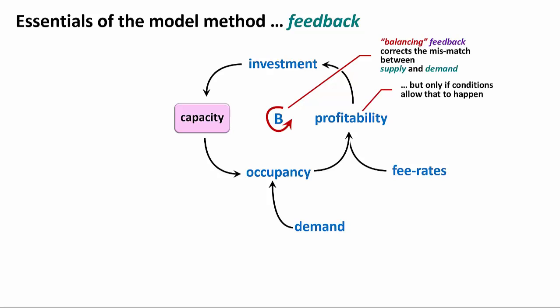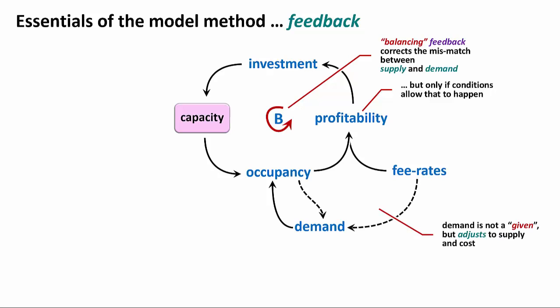But that only happens if conditions allow that correction to take place. So for example, if fee rates are so low that no one would make adequate profit from opening a new home, then the investment isn't going to take place, the capacity won't come on stream, and you'll be left with too high occupancy, effectively shortages of supply.